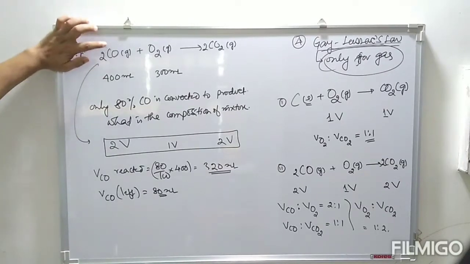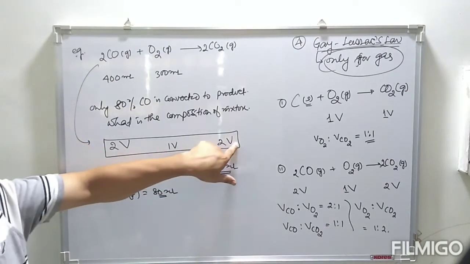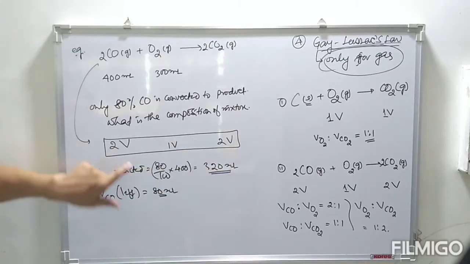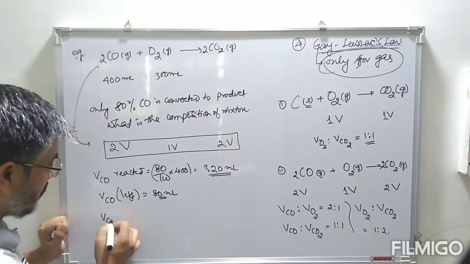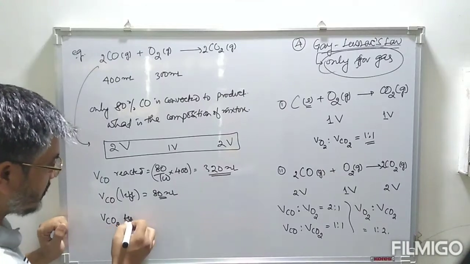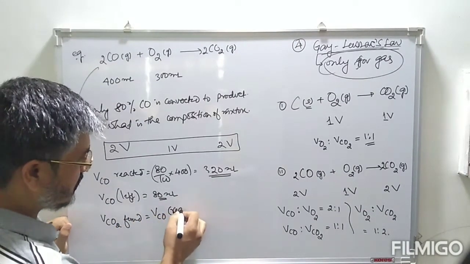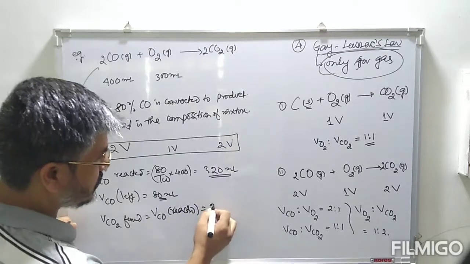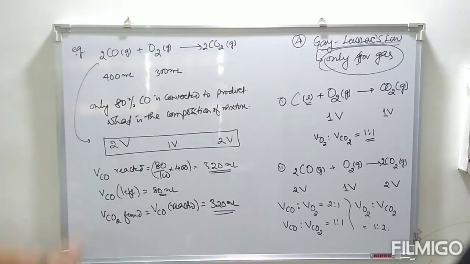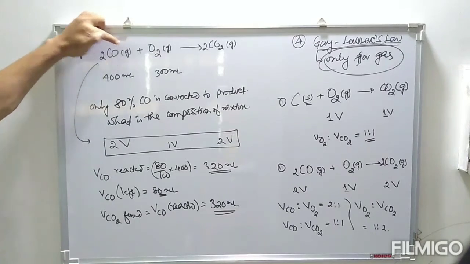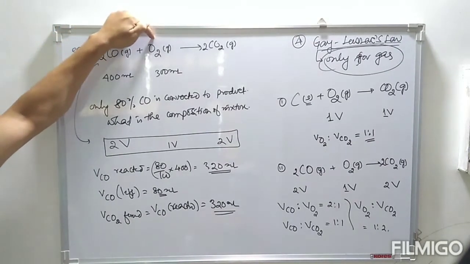Now look at it. 2 volume of carbon monoxide always gives you 2 volume of carbon dioxide. So 1 volume will give you 1 volume. So therefore, volume of carbon dioxide formed is equal to volume of carbon monoxide reacted, which is 320 ml. Now look at this. Along with this, some oxygen has to be consumed.